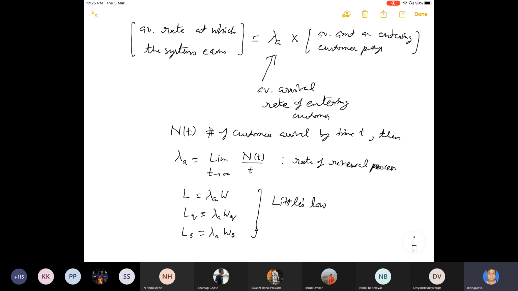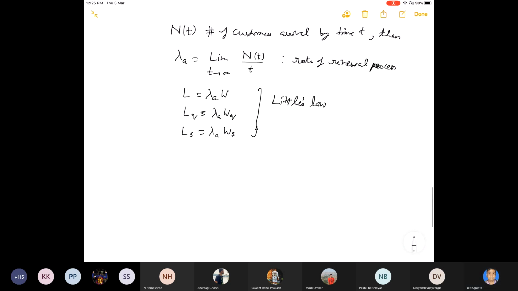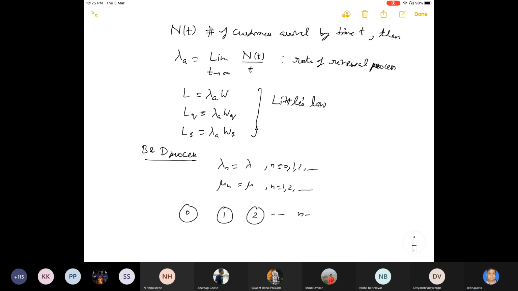So till now we have done Little's law. So these are the relationships between various parameters of the queuing system. So let us see what is the solution in the birth and death process. We have in the birth and death process, birth rate lambda n, n is 0, 1, 2, and so on, and death rate mu n, n is 1, 2, and so on. So 0 customers, 1 customer, 2 customers, n minus 1 customers, n customers, and so on.